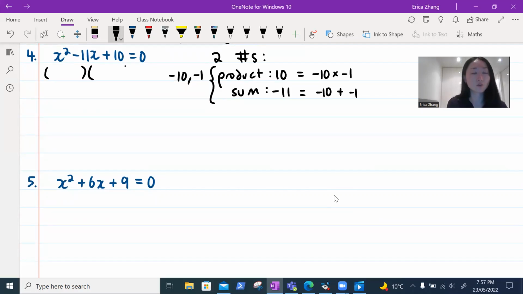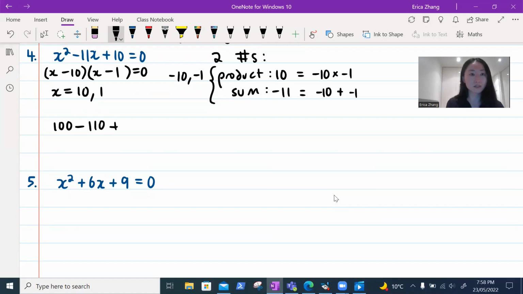So we're able to factorize as follows. It's x minus 10, x minus 1, giving us two solutions: x is 10 and x is 1. Quick check in our heads. 10 squared is 100. Minus 11 times 10 is 110.